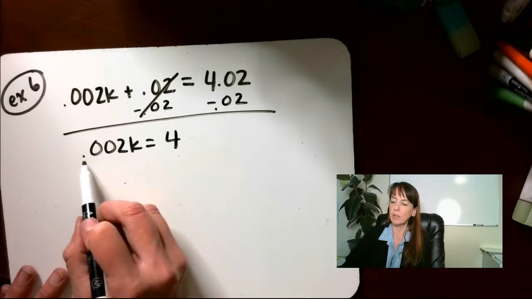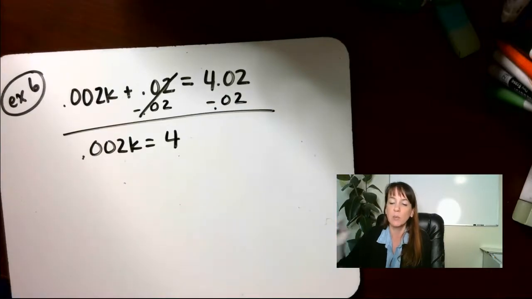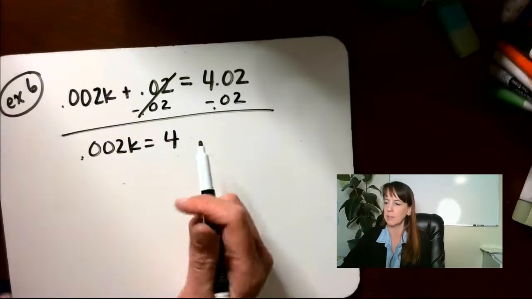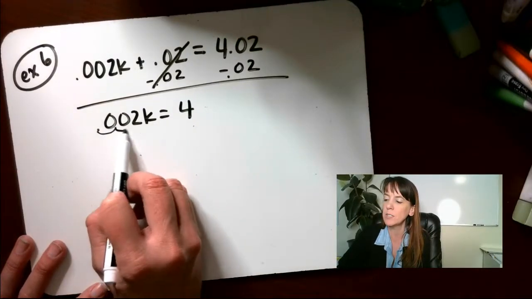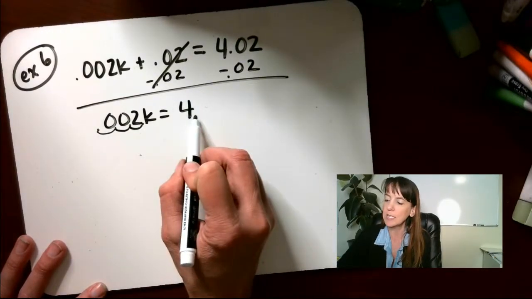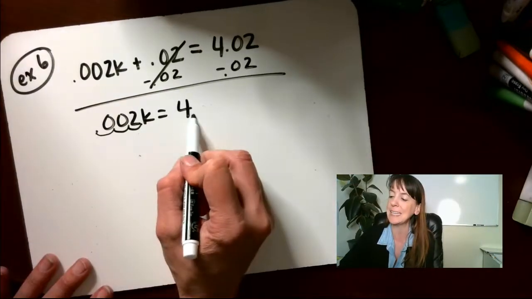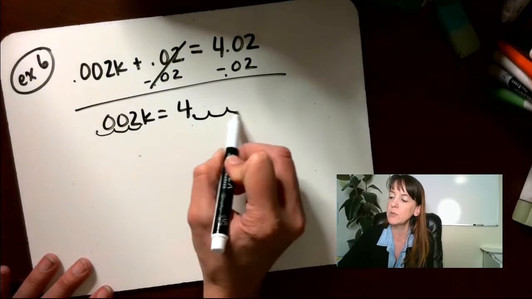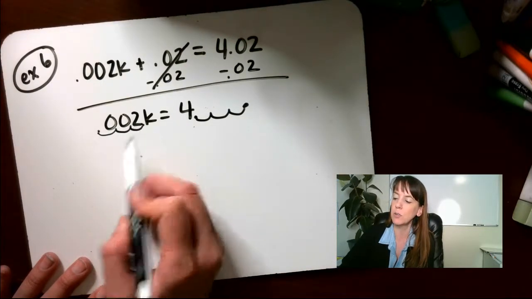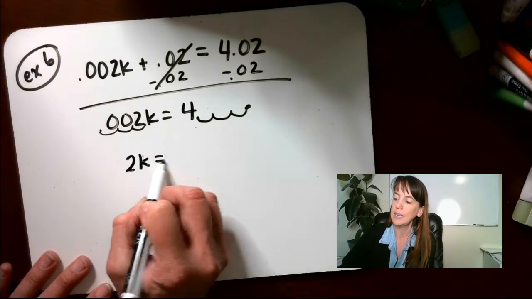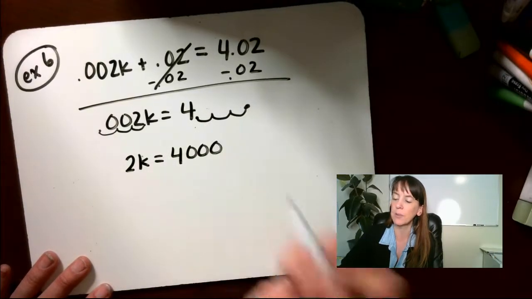But on that same token, if I want to deal with getting rid of these decimals, what I have to do is 1, 2, 3 here, which means, guys, again, we're mathematicians, we're lazy. If a decimal is not shown, it is at the end. So we're going to do 1, 2, 3 here, put a decimal. So what we end up with is 0, 0, 2, which is just 2, equals 4, 1, 2, 3 zeros need to go there.